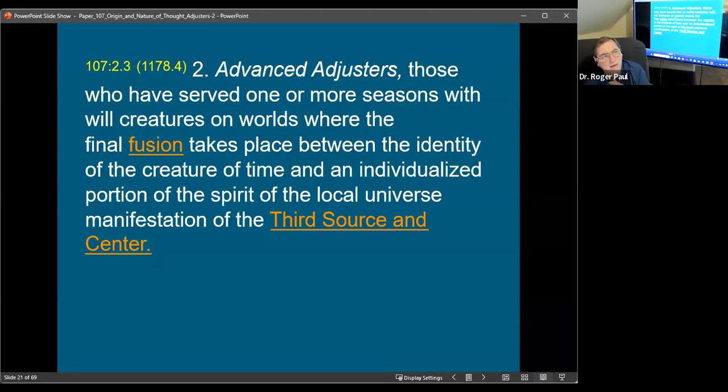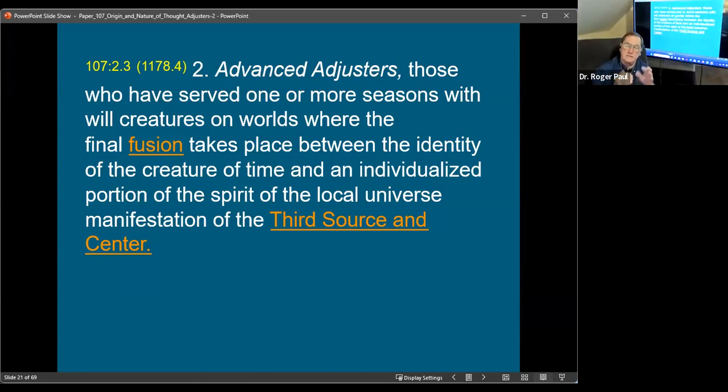In this paragraph, they're talking about advanced adjusters, which is the adjusters we get, right? And we eventually fuse with these adjusters. And those who cannot fuse with these adjusters either get a fragment from the Third Source and Center or a fragment from the Creator Son.